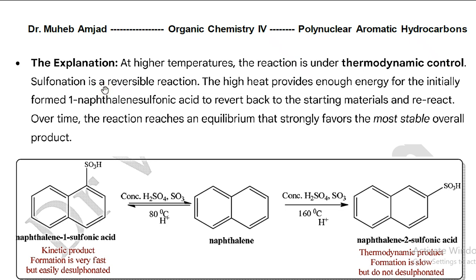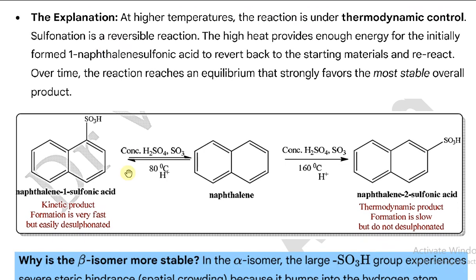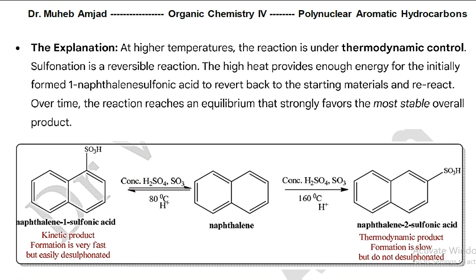Sulfonation is a reversible reaction. So what is the difference between the kinetic product, kinetic control, and the thermodynamic product, thermodynamic control? We said at higher temperature, the reaction is under thermodynamic control.